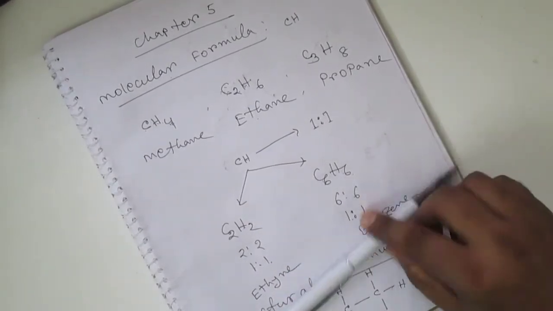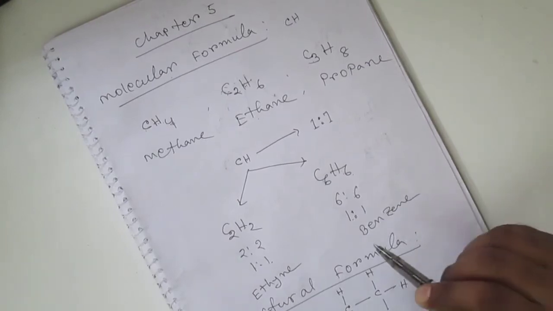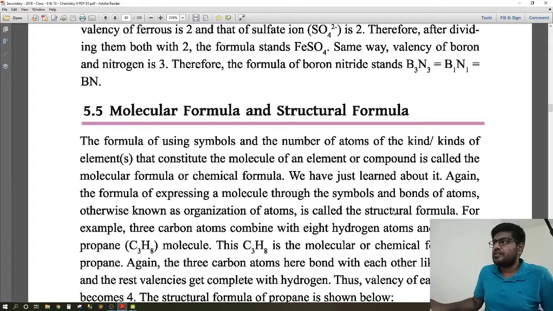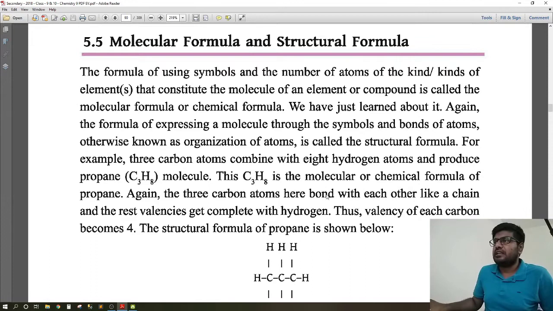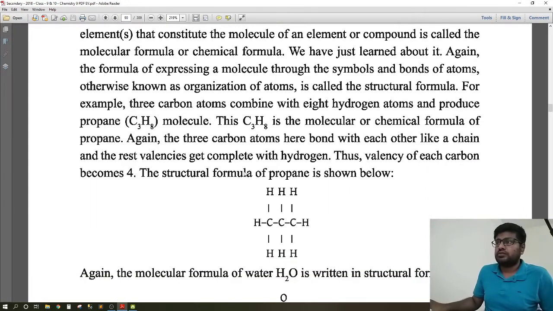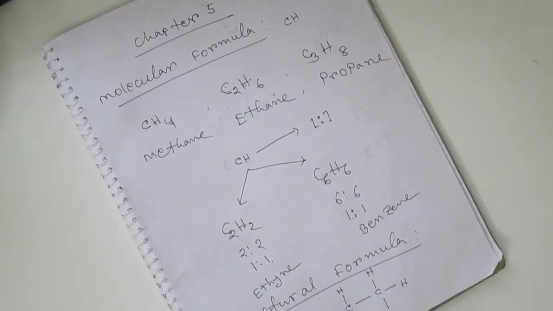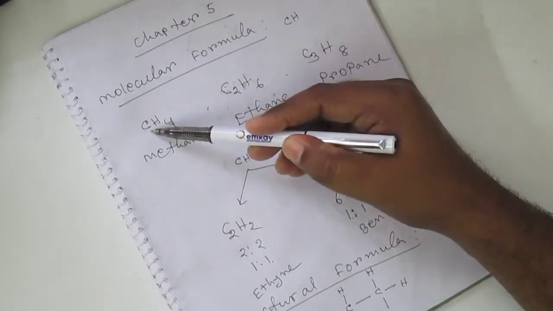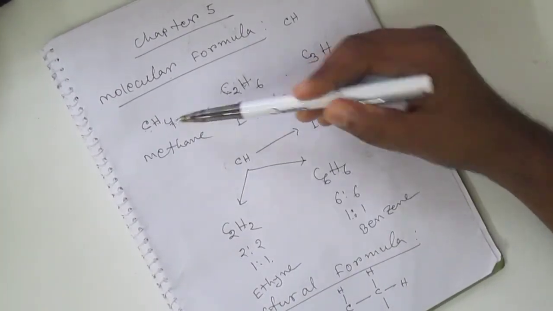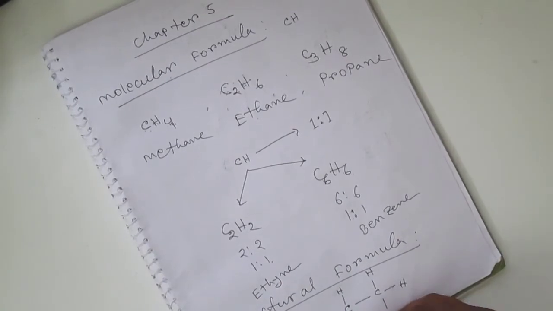Listen, we have to understand it properly. Then structural formula is explained in our book, so I am going to structural formula. Let us go to my copy again. This is the structural formula of methane. One carbon is attached with 4 hydrogen atoms.